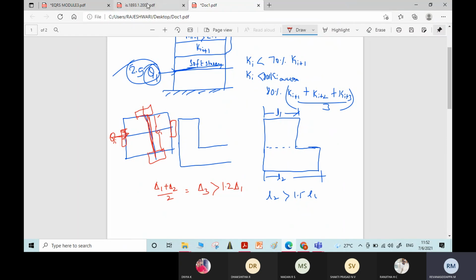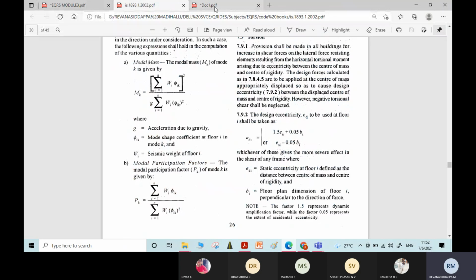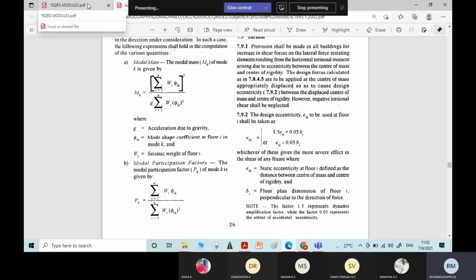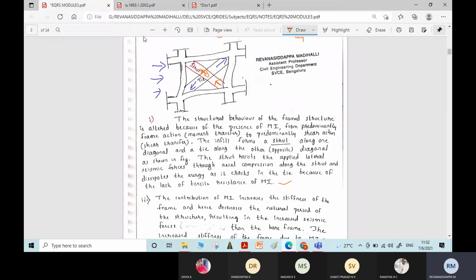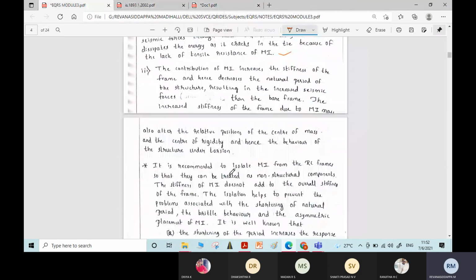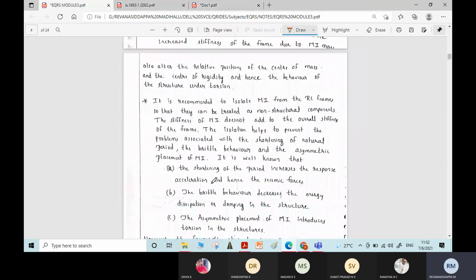Means eccentricity will increase. When the eccentricity increases, the torsional forces induced will be more, and the building will fail suddenly. Correct. Therefore, that is also one of the disadvantages of providing masonry infill. The same thing is mentioned here.